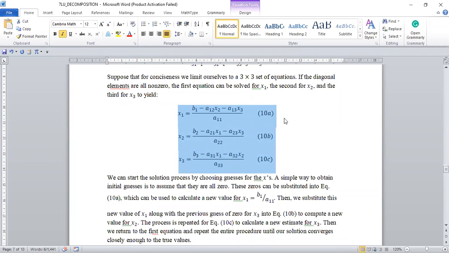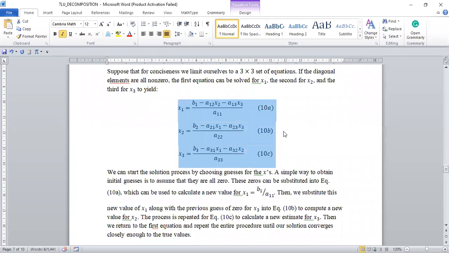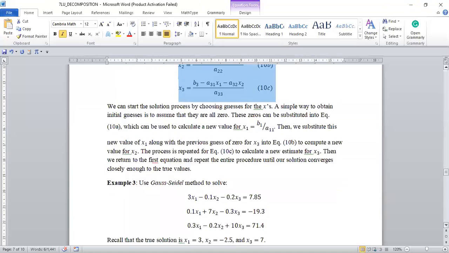Then you calculate the error like we did previously. You calculate the error, then you have a second iteration, then a third iteration, a fourth iteration. Then you keep on going until you reach your last iteration, or until you are tired and ready to stop.